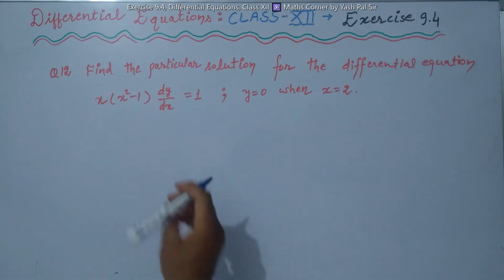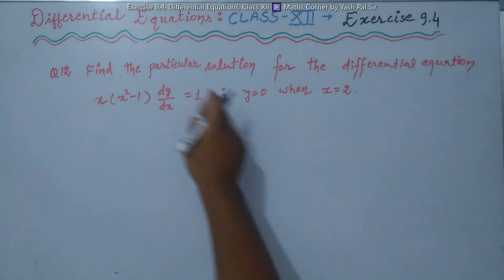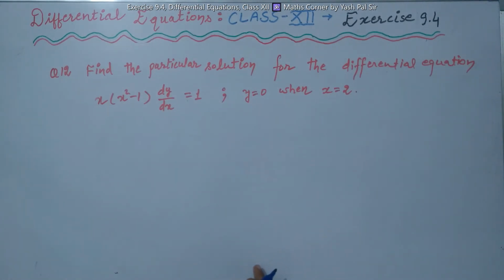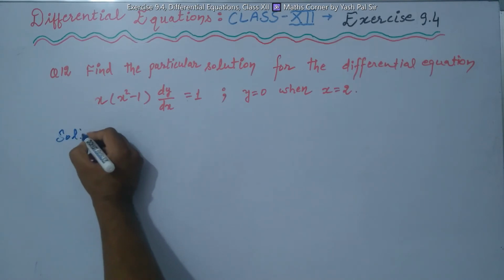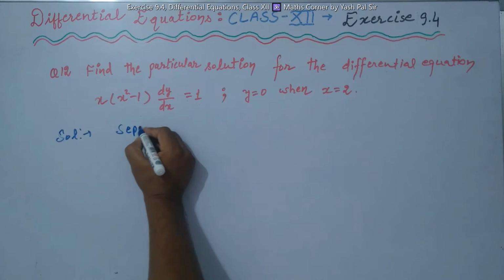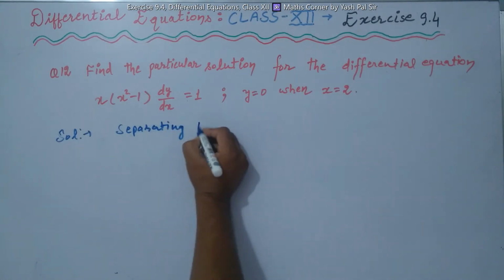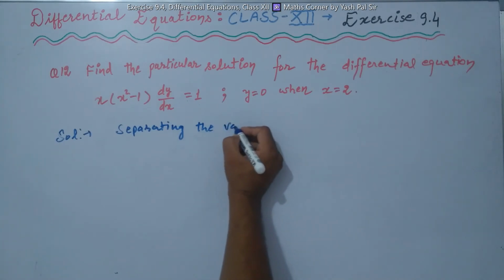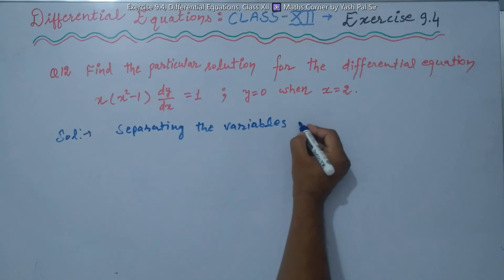First of all, each and every step is the same as it was in the case of the general solution for the differential equation. So the very first step is separation of the variables. So we write here separating the variables. Right?